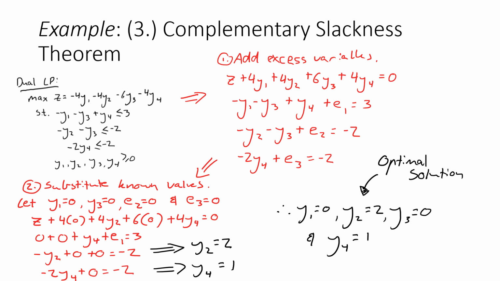For the two equations with only one unknown, we can perform some simple algebraic manipulation to find that y2 equals 2 and y4 equals 1. We now know that y1 equals 0, y2 equals 2, y3 equals 0, and y4 equals 1. The dual LP has now been solved for the optimal solution using the complementary slackness theorem.